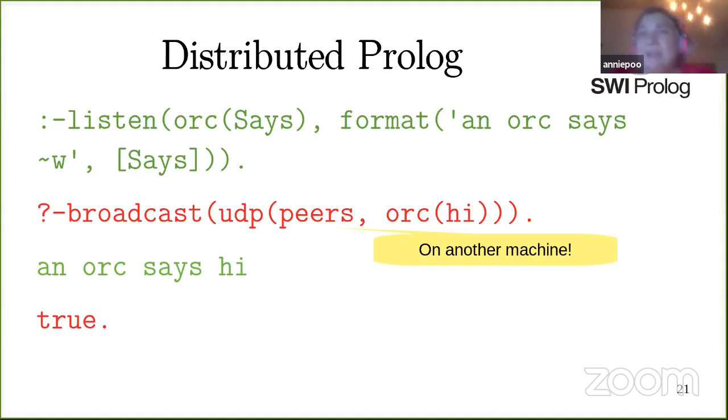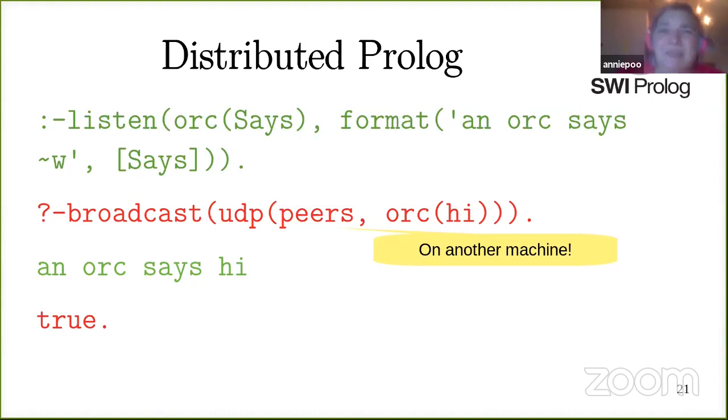Okay. So we're at distributed Prolog. I've got my same listener, and that's running on the green machine. We imagine we have two computers here on a LAN, and one is green and one is red.